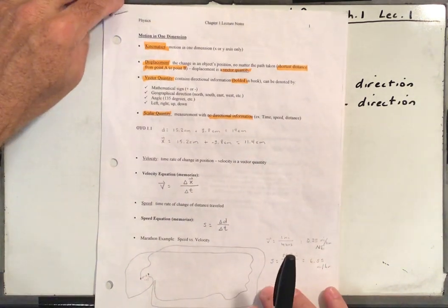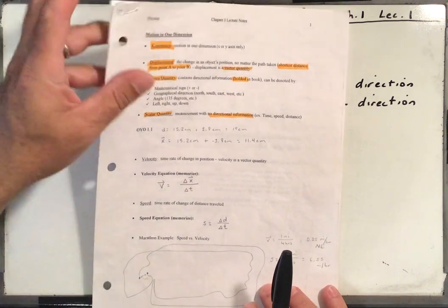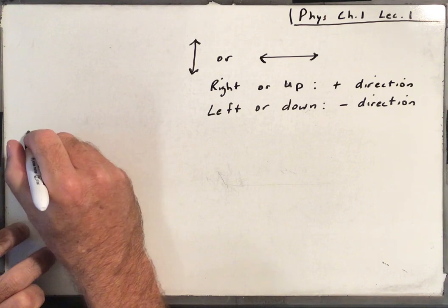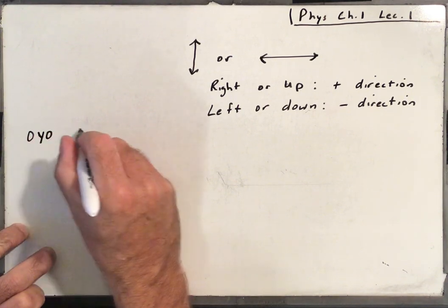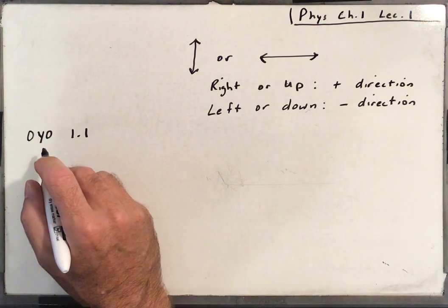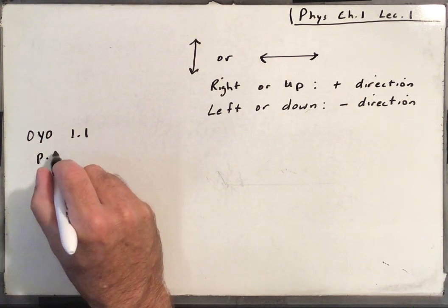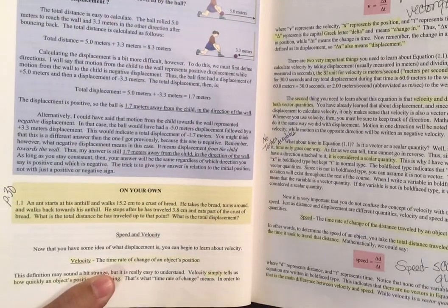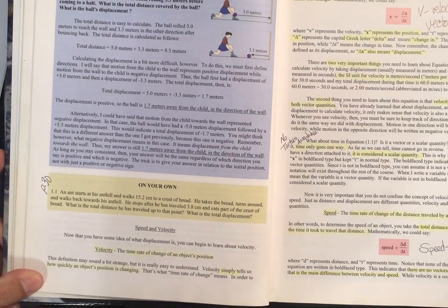So the first problem that we want to work is on your own, 1.1, and this is on page 8. All right, so just follow along with me in the book.